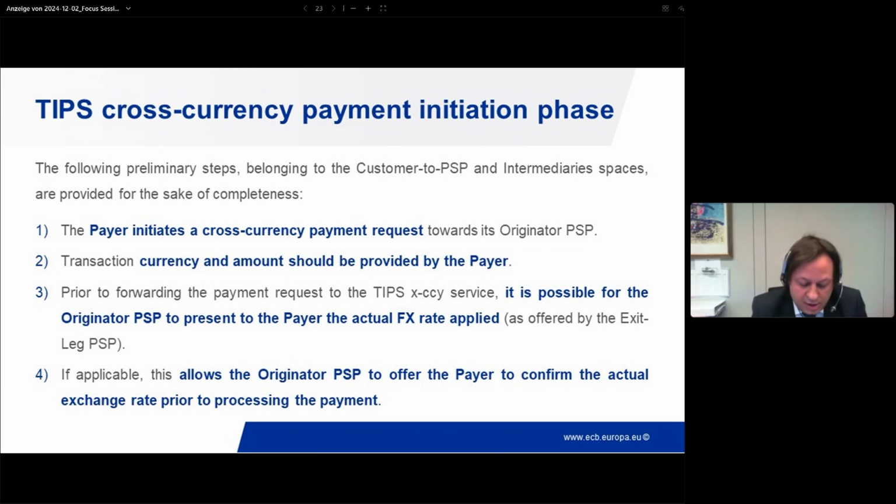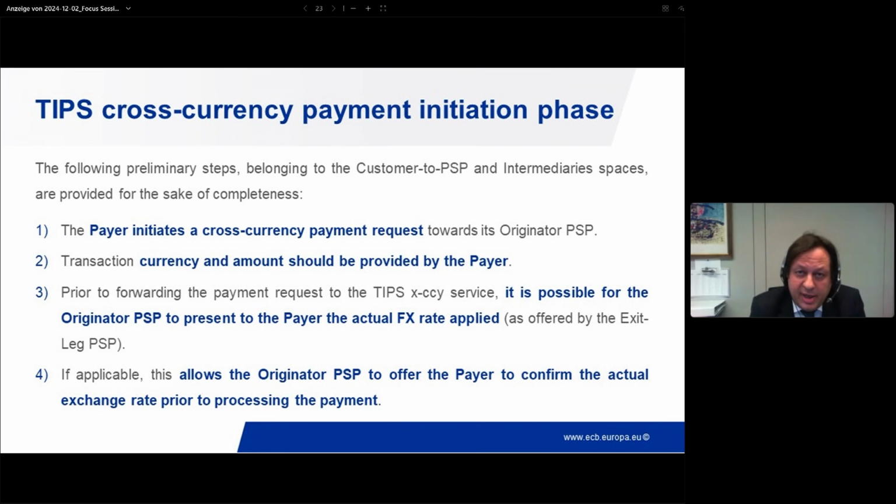So for this reason, the payer, first of all, should trigger a cross-currency payment initiation by selecting an amount and a target currency. This step would entail some exchange rate negotiation, for example, between the originating PSP and the selected intermediary who is supposed to offer some rates for the specific corridor.